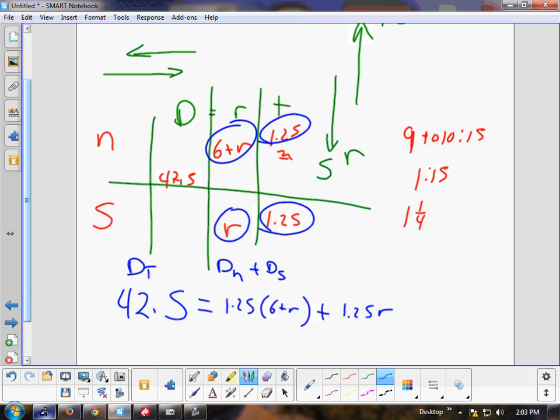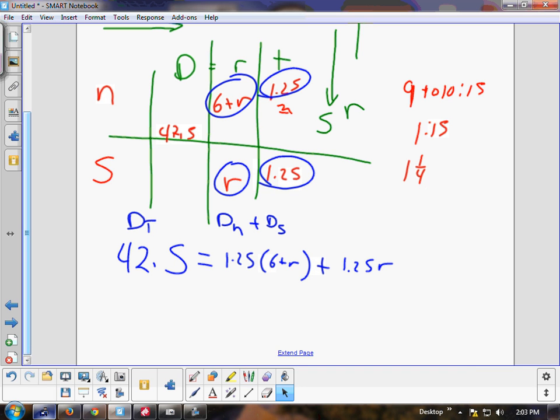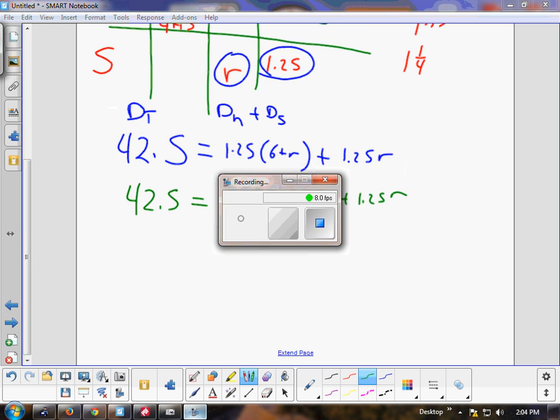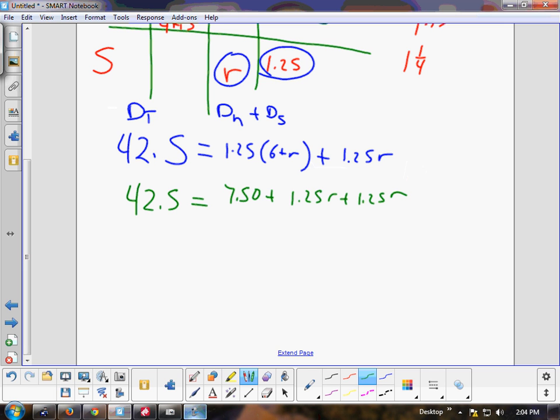Okay, so let's figure out what r is. We're going to distribute. If I distribute 1.25 here, I get 7.5 plus 1.25r.